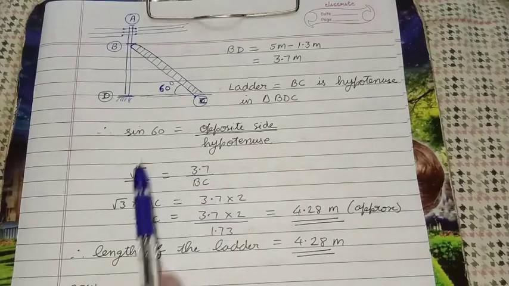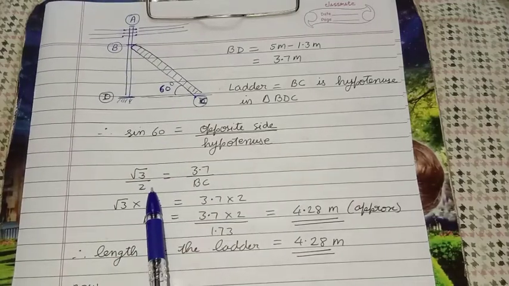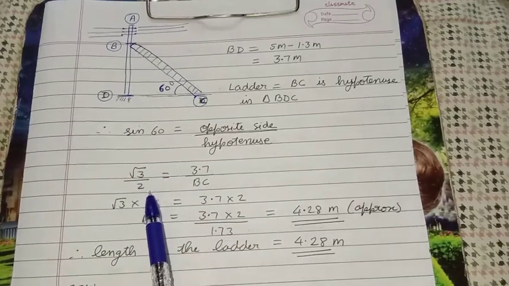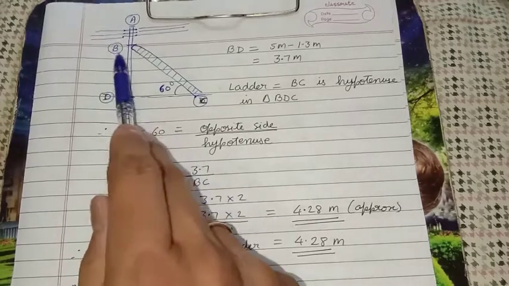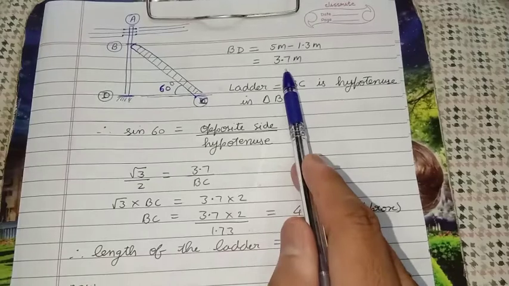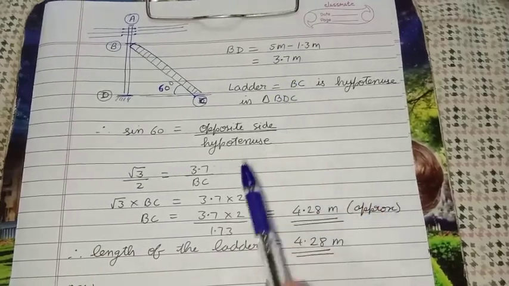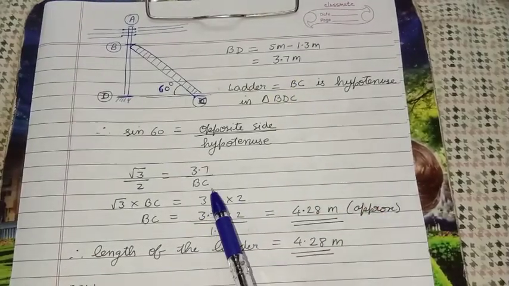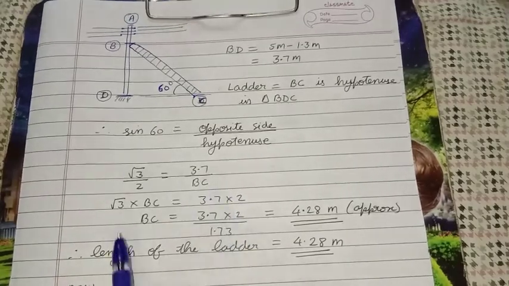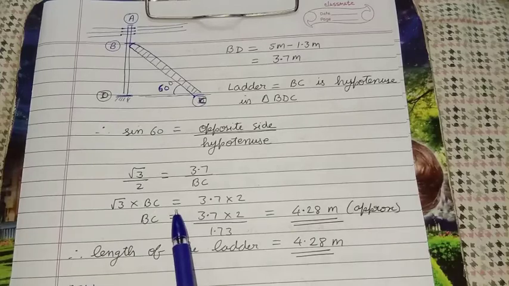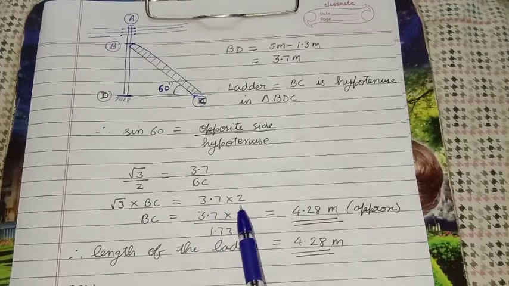So sine 60 is equal to opposite side divided by hypotenuse. So sine of 60, we know this value, it is √3 upon 2, is equal to the opposite side. Now the opposite side is BD. BD we just calculated, it is 3.7. So 3.7 upon BC, and BC is the hypotenuse which we don't know. So cross multiply this. √3 into BC is equal to 3.7 into 2.